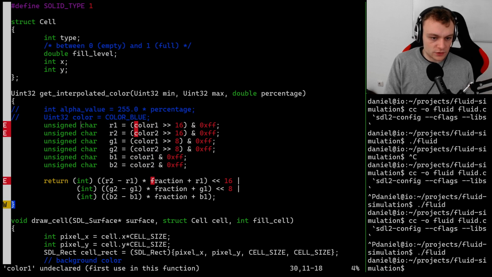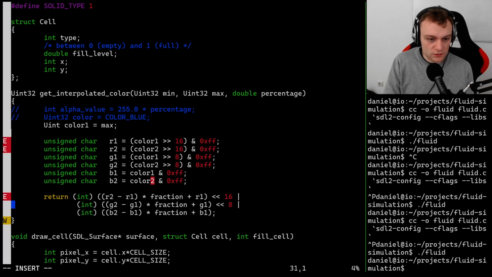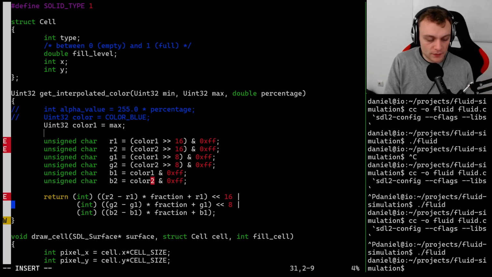So we have color, the red channel 1 is coming from, yeah, color 1 is max, color UN32, color 2 is min. Fraction is percentage.